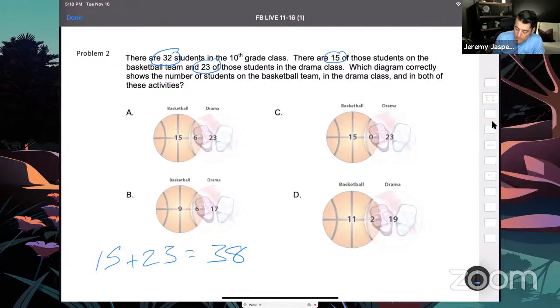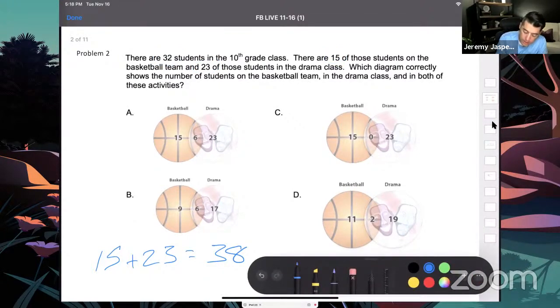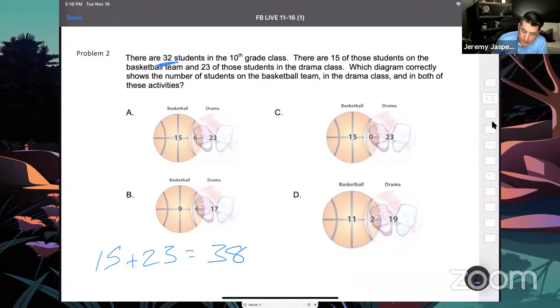So now, how does this make sense that I have 32 students, right? That says 32. But when I add these up, I get 38. How can I have more students than I already have? And that's because there are students that are playing both.